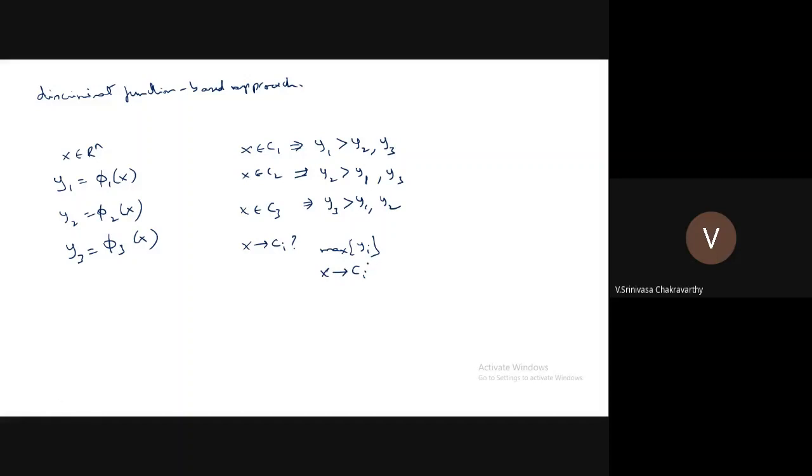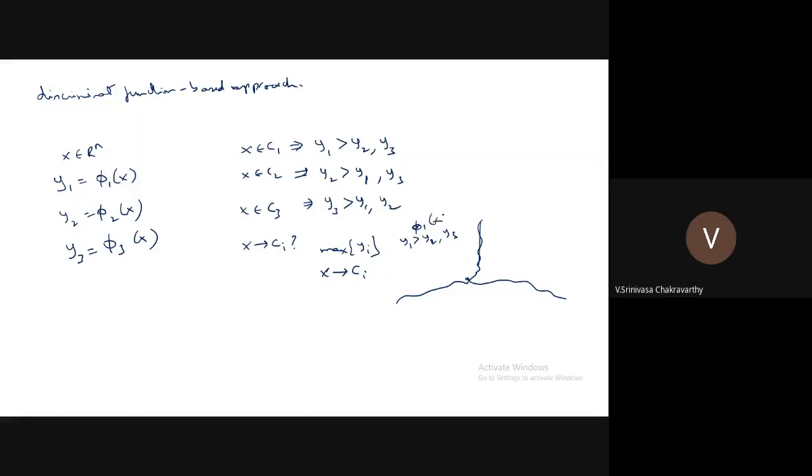So if you want to draw this more pictorially, I will define 3 regions. This is the region where y1 is greater than y2 and y3.